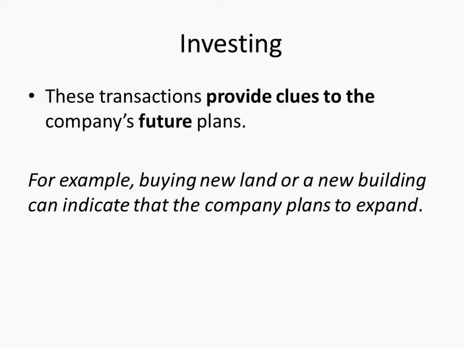By investing, say buying new land or a new building, can indicate the company plans to expand. So operating, we're generally looking at elements of the income statement. Investing, we're looking at non-current assets.